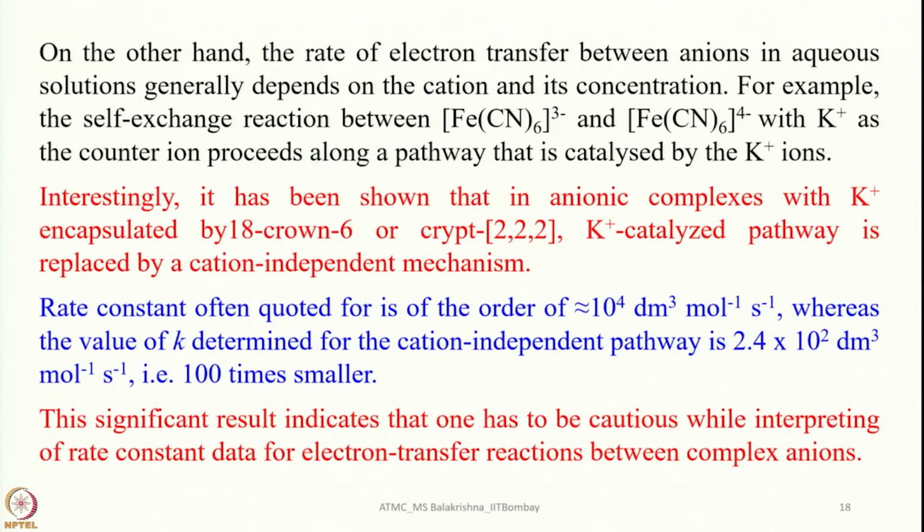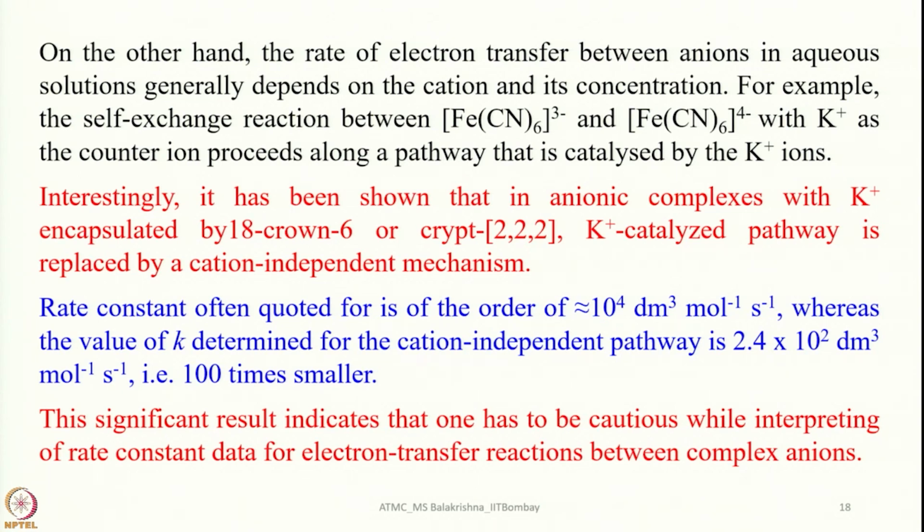So, on the other hand, the rate of electron transfer between anions in aqueous solutions generally depends on the cation and its concentration. As I mentioned, it is less affected by the concentration of anionic species, but what is important is the cation and its concentration.